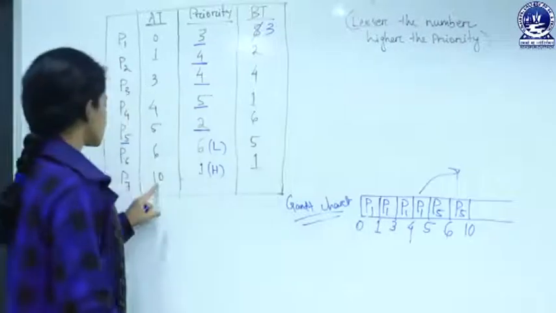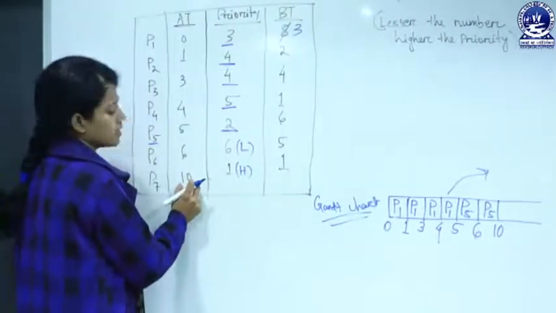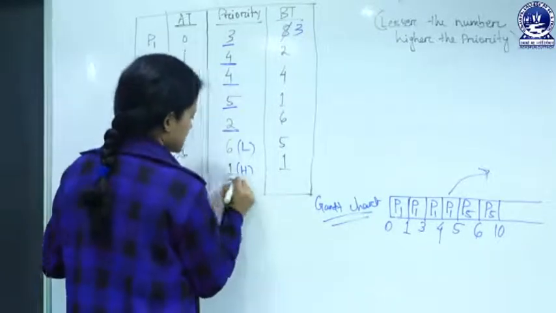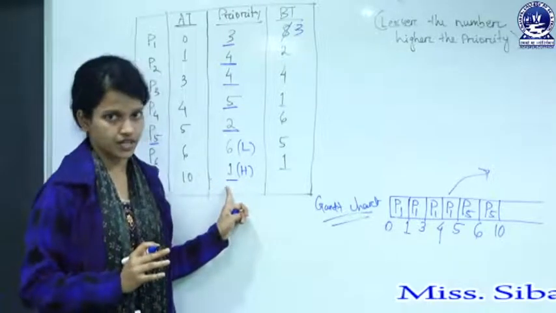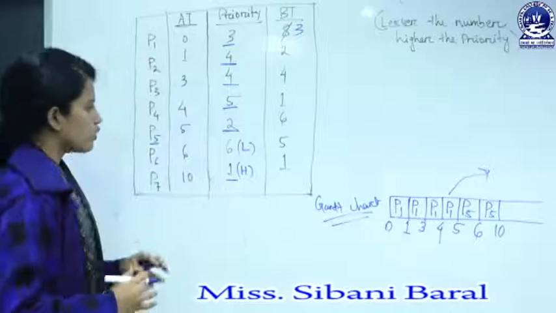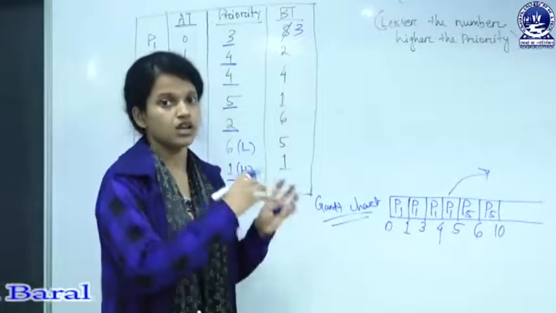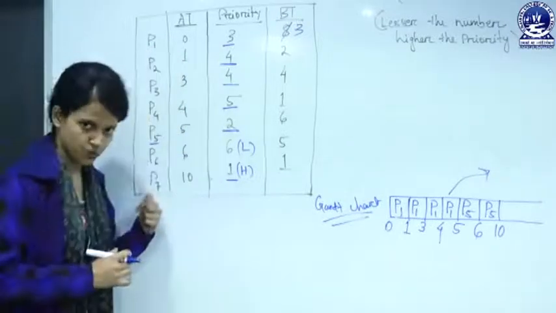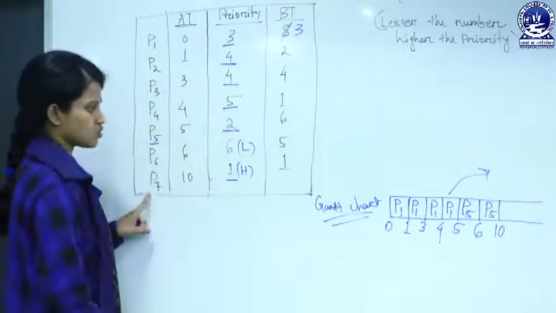Now the newly arrived process at 10 milliseconds, check out the priority of P7. The priority of P7 is 1, which is the highest priority. So we can remove P5 forcefully from the CPU and allocate the CPU to the newly arrived process, as its priority is the highest.